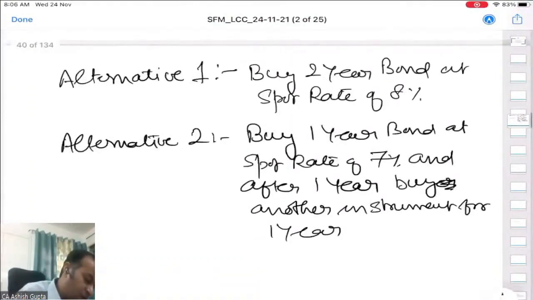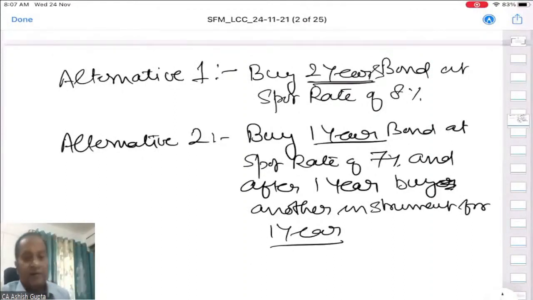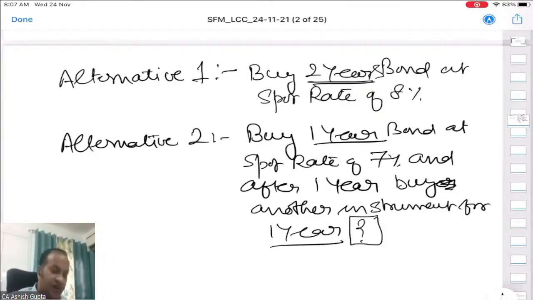Now here, ultimately the period of investment in these instrument alternatives is the same. Either we go for alternative one, or we go for alternative two. So now we shall see what will be the rate. Because here the question mark is this rate of interest.